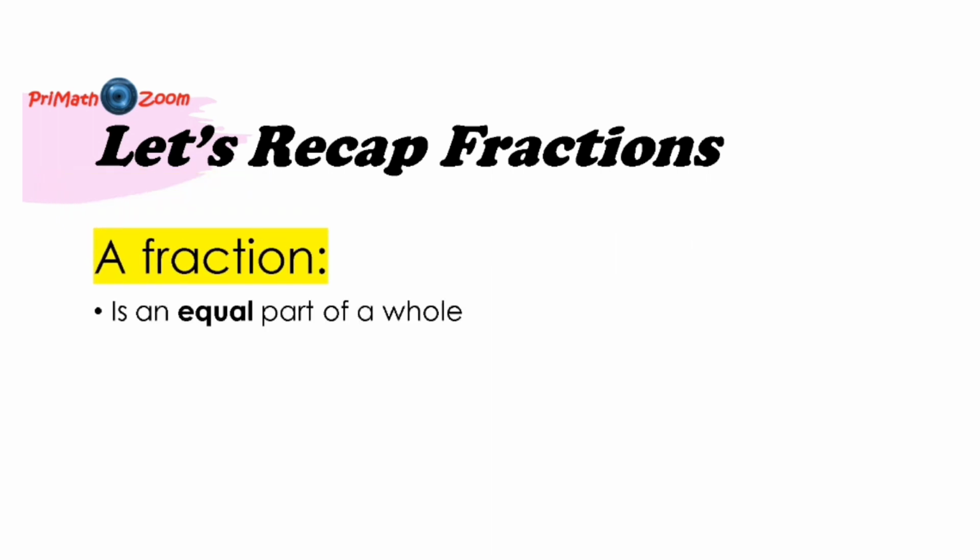First, let us do a quick recap of fractions. So can you tell me what a fraction is? Of course, a fraction is an equal part of a whole. What more can you tell me about a fraction? It has a numerator and a denominator.